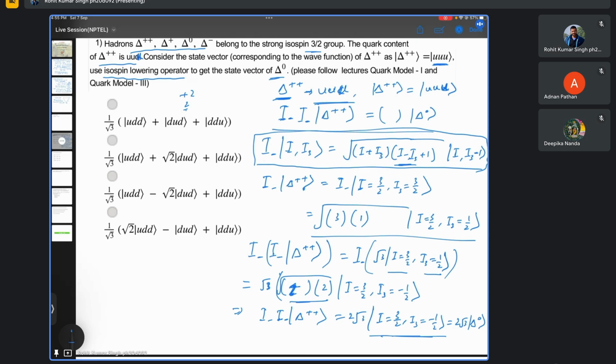But if we apply the lowering operator two times on u, what will happen? If we are considering a spin half doublet, we cannot do that, right?